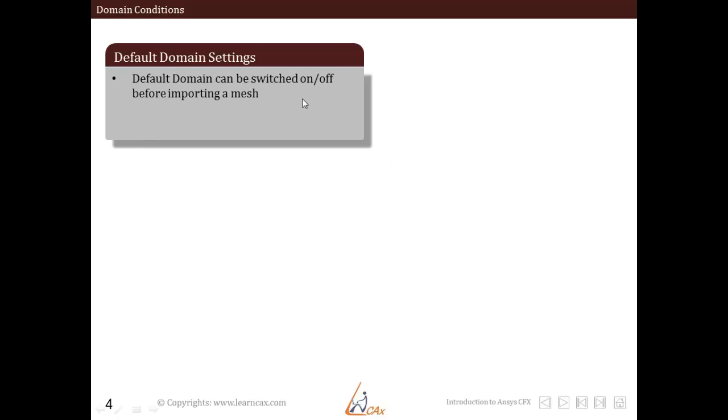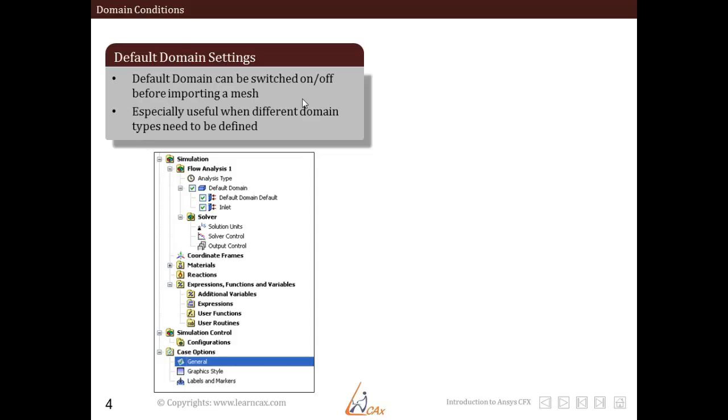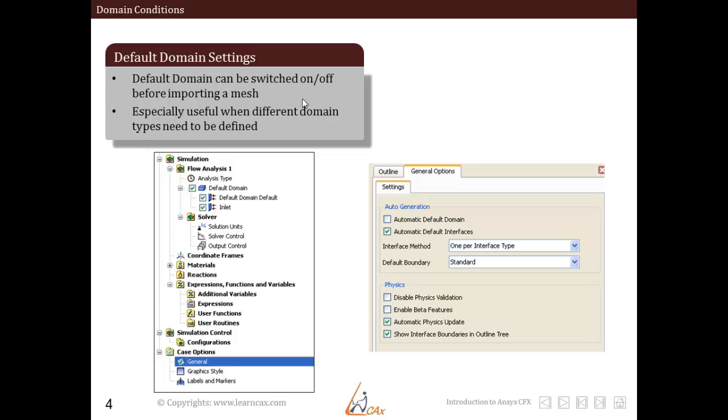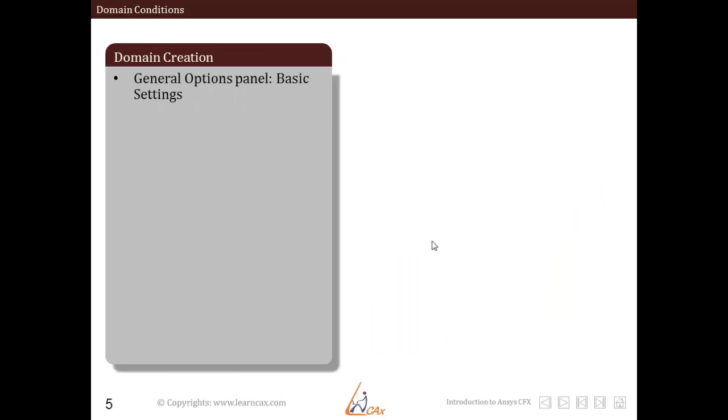A domain can be switched on or off before importing a mesh. You can just name it, but you can switch it off without importing a mesh. This is especially useful when different domain types need to be defined, so we can define it or switch it off as needed.